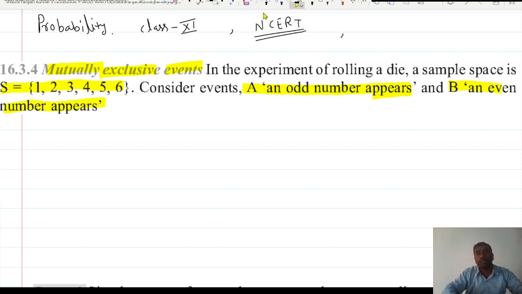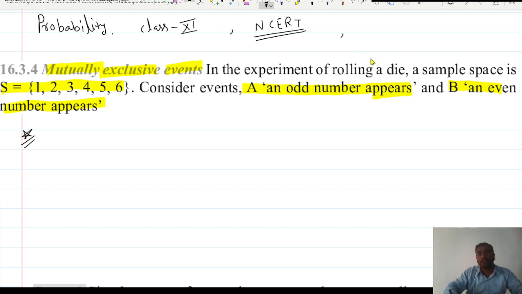So when we are throwing a die, we are discussing what a mutually exclusive event is. The definition is that two events are mutually exclusive when the intersection between them is empty, or there is nothing common between them. So that is mutually exclusive.